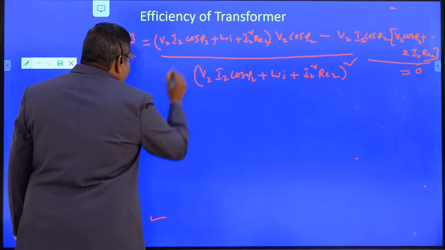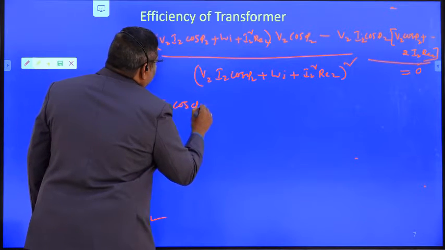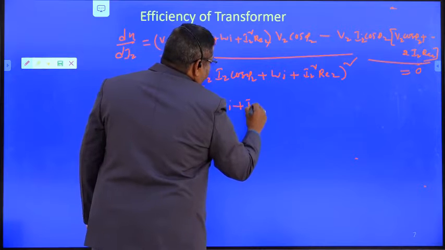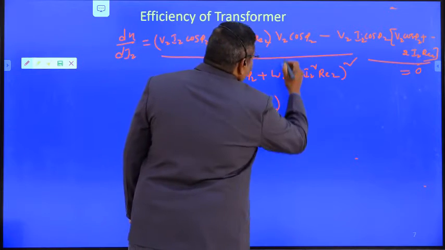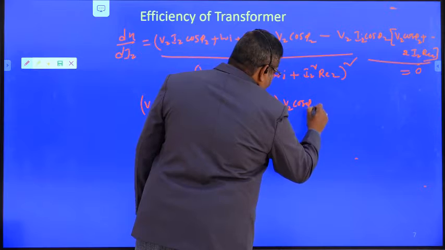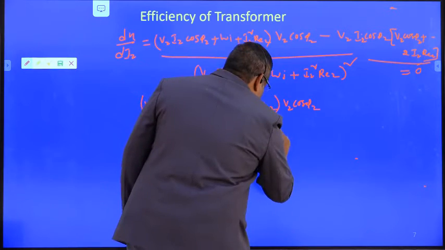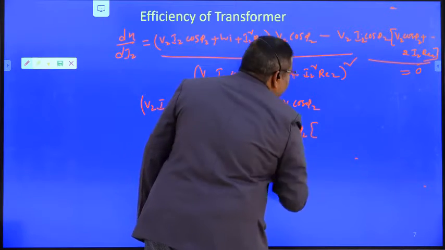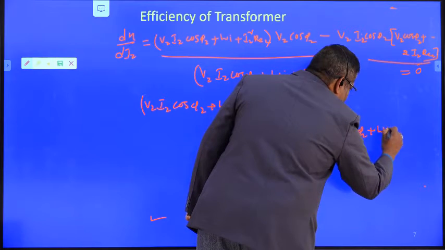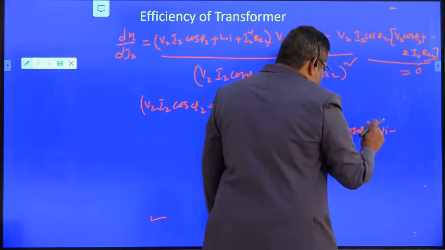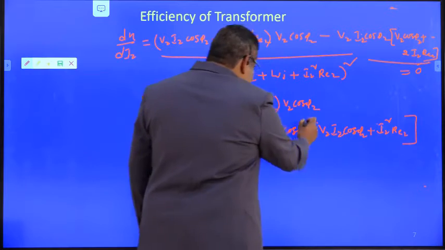So it will be simplified to V2 I2 cos phi 2 plus Wi plus I2 square Re2 into V2 cos phi 2 equals, now here I2 taken inside V2 cos phi 2, V2 I2 cos phi 2 plus I2 square Re2. Now this gets cancelled.